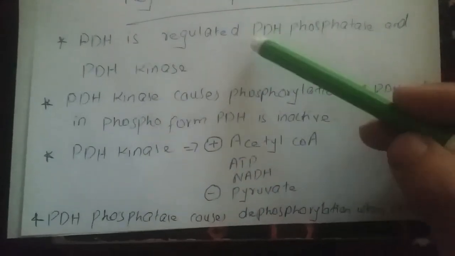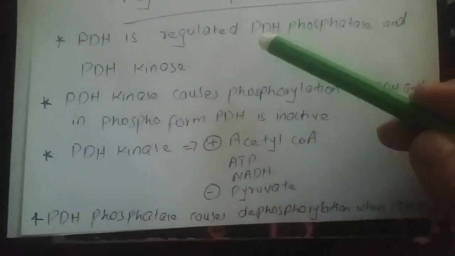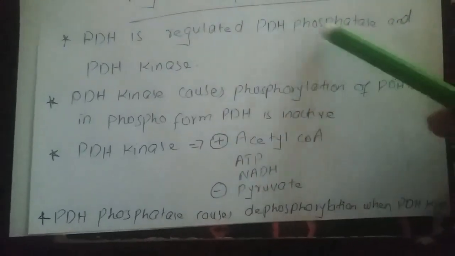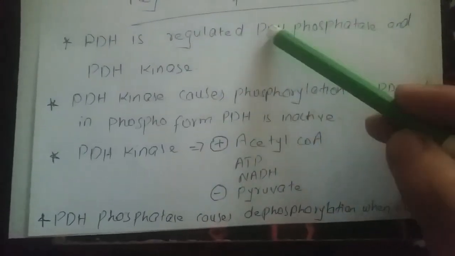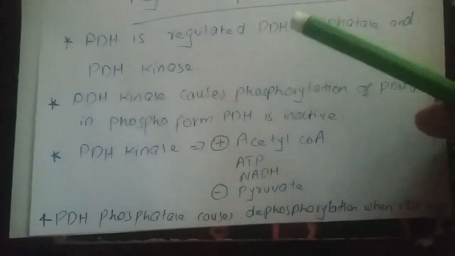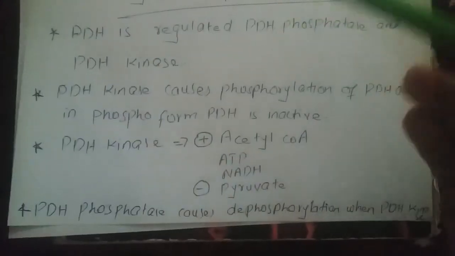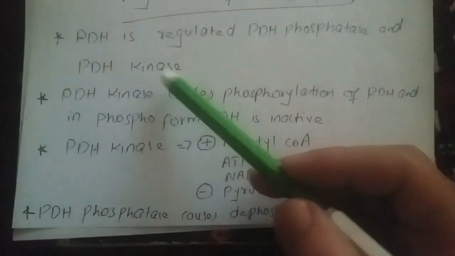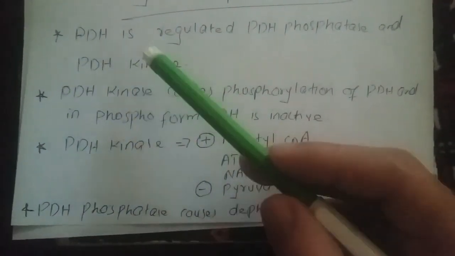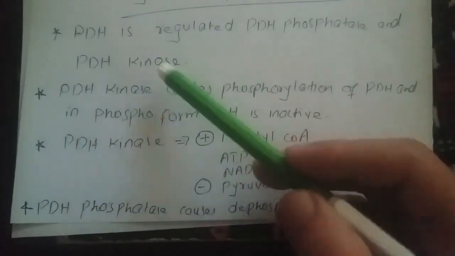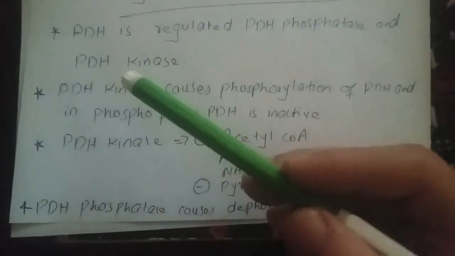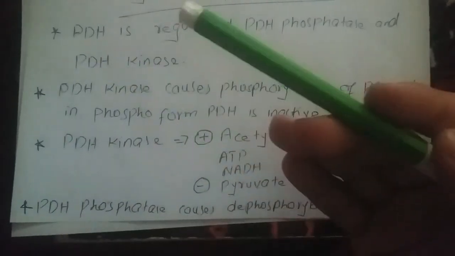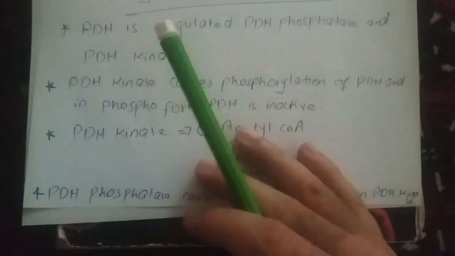Pyruvate dehydrogenase is the functional enzyme which is regulated by pyruvate dehydrogenase phosphatase. This enzyme will remove phosphate from pyruvate dehydrogenase and will activate it, while pyruvate dehydrogenase kinase will add phosphate to pyruvate dehydrogenase and will inactivate it. So pyruvate dehydrogenase is inactive in the phospho form while it is active in the dephospho form.